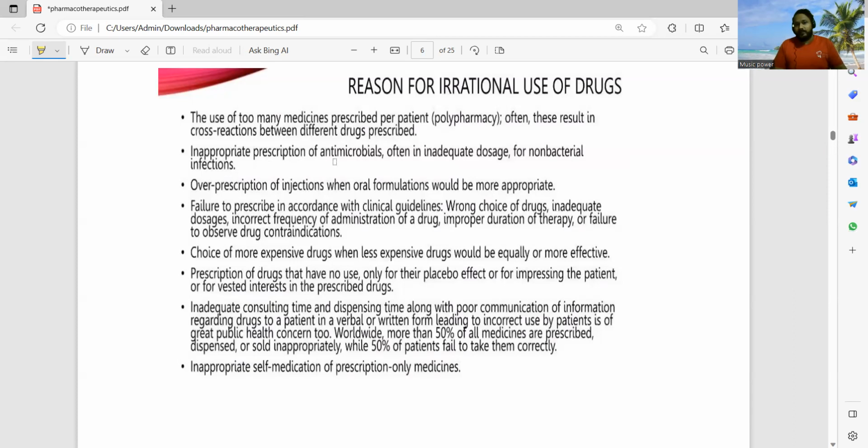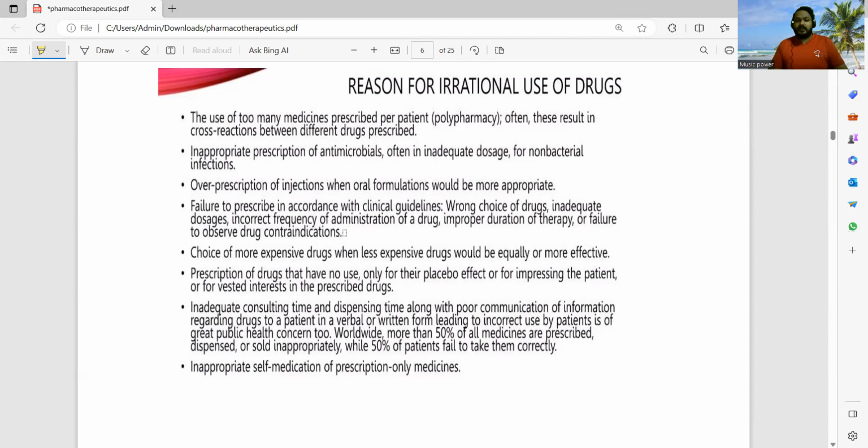Inappropriate prescription of antimicrobials, often in inadequate doses, and for non-bacterial infections. Overprescription of injections when oral formulation would be more appropriate. Failure to prescribe in accordance with the clinical guidelines, and wrong choice of the drug, inadequate doses and incorrect frequencies of administration of drugs, improper duration of therapy, and failure to observe the drug contraindications.